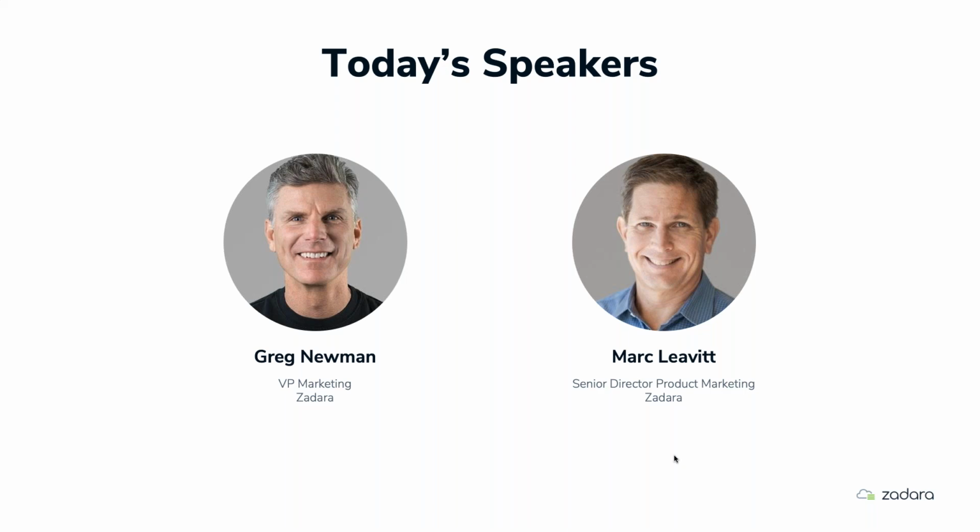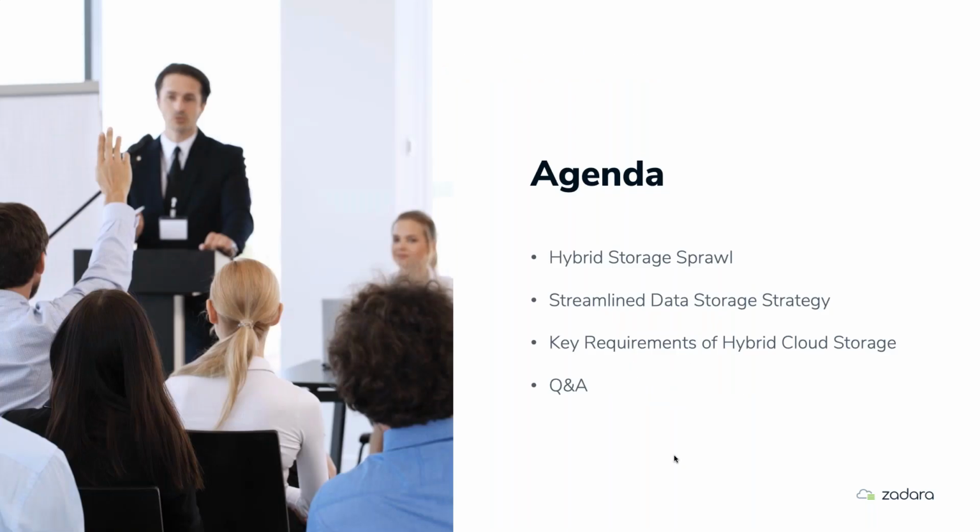So let's get rolling. Today's agenda, everybody. You can see here we have a little bit of a discussion around hybrid storage sprawl, and we're going to define what that means. I'm sure anybody who's experienced it knows exactly what I'm talking about. And we'll talk a little bit about a streamlined data storage strategy, a way that we believe you can really throw a rope around a sprawling system and make some sense of it.